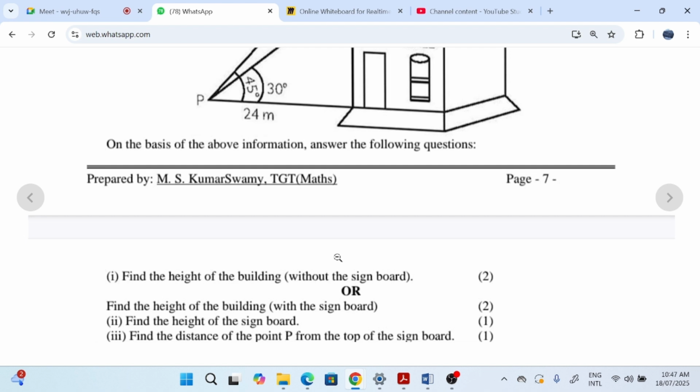I didn't round up, ma'am, I just did it directly. Directly also, there is a difference, because PA is equal to AC according to the diagram. So if PA is equal to AC, it should be 24. 24 minus 14 has to be 10. 10.1, 10.2, 10.3, that much variation is okay. More than that won't be considered. So you have to check that.